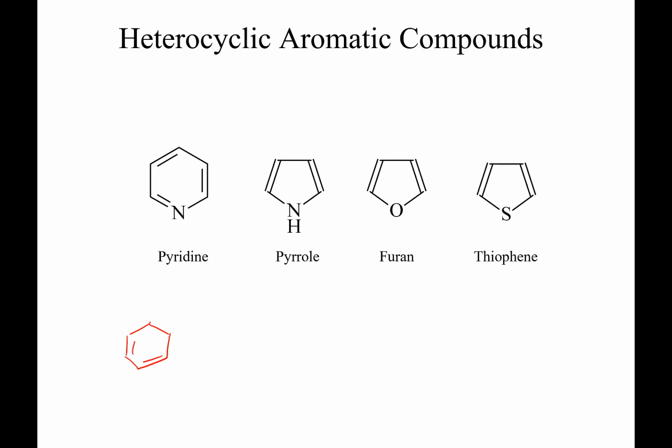Let's say that I had this structure. That structure actually will turn out to be aromatic. We'll see in a few minutes or on Monday, depending on how far we progress in this.